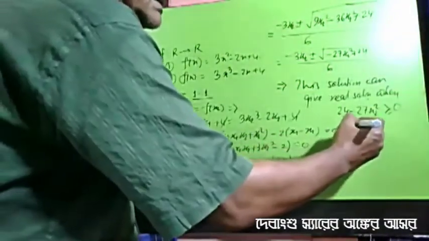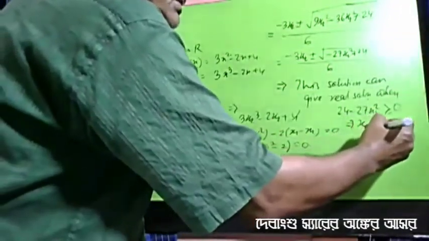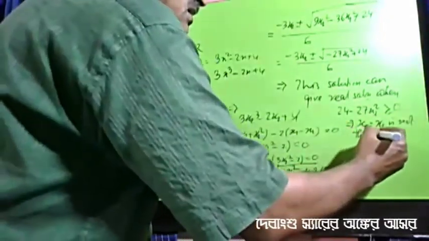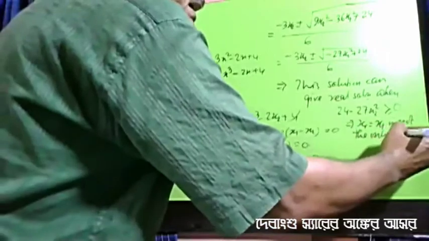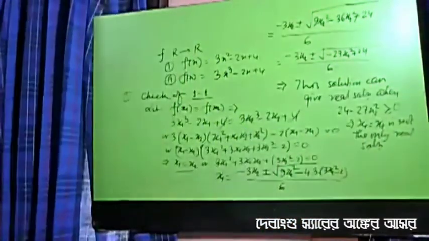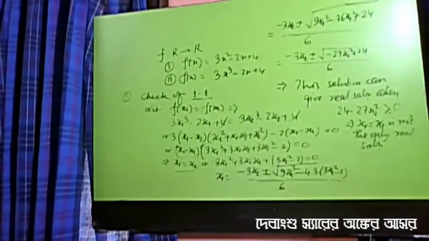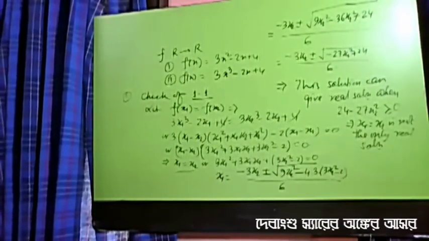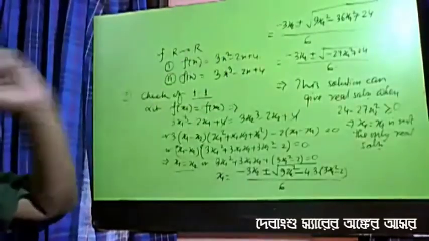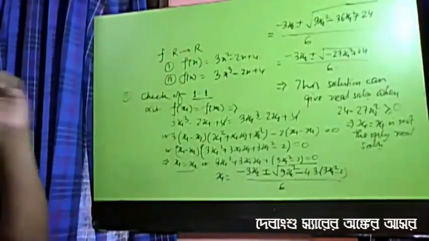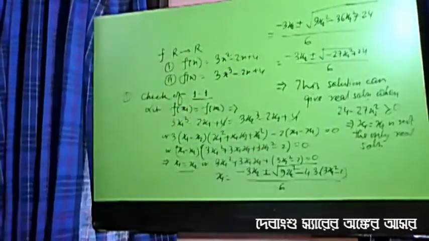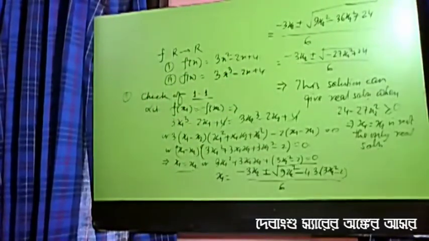That implies x1 equal to x2 is not the only real solution. This is not the only real solution. That establishes that this mapping is also not 1-1. Clear?